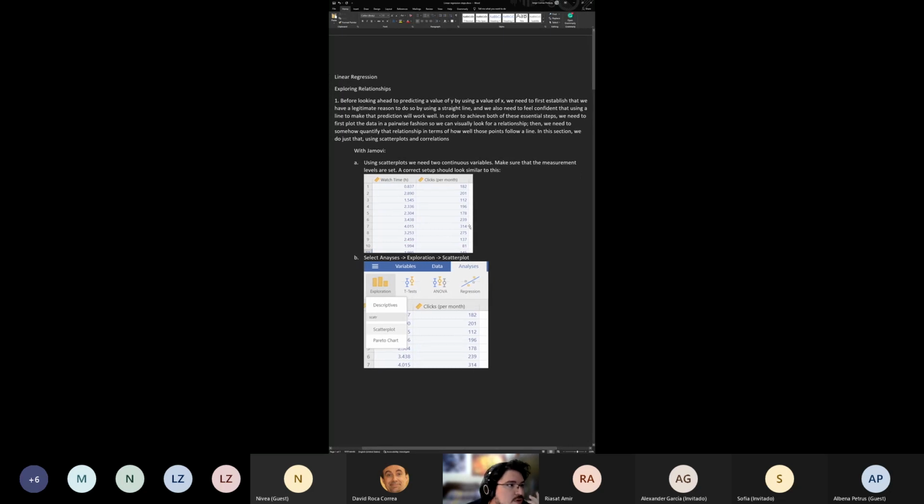Before looking ahead into making any type of predictions about anything regarding a data set, we have to first establish that we have a legitimate reason to do so.